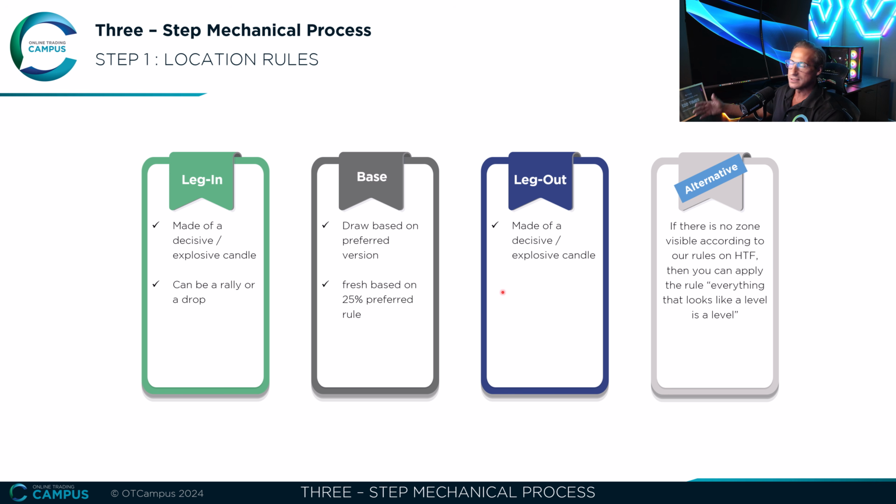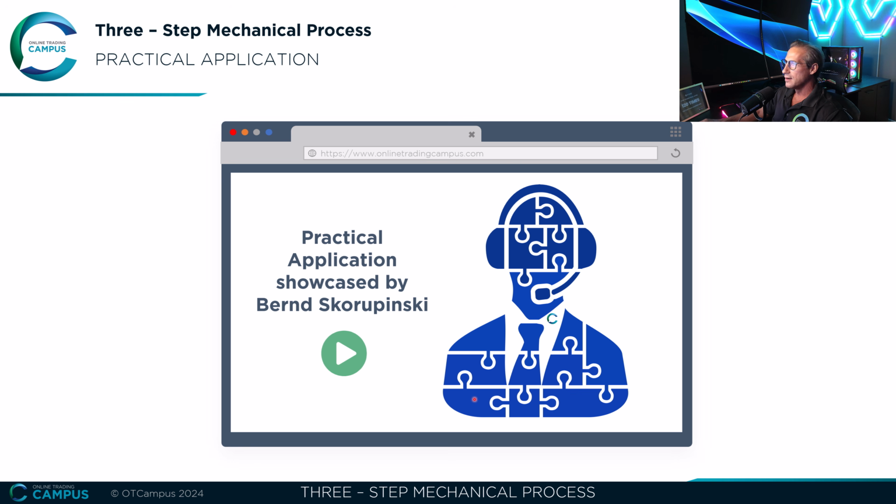Well, you can still allow yourself, if you use the alternative rule, to draw this zone. All right, that's the theory. It's a lot of theory. And now we will do this on the chart.